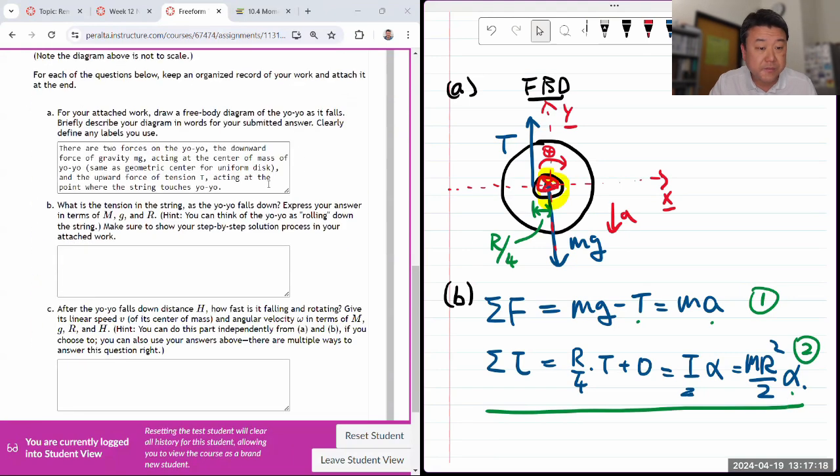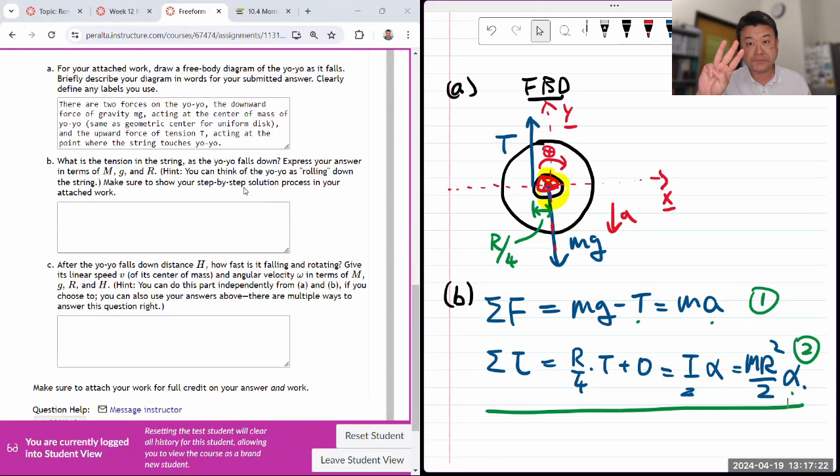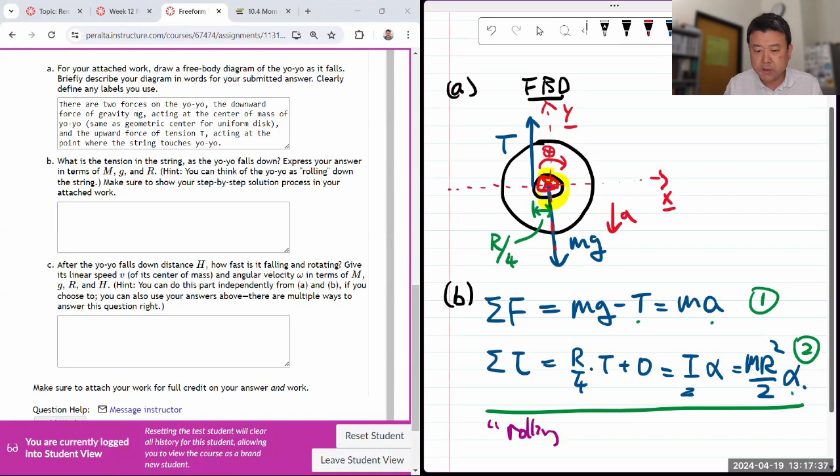Yeah, I guess I'm given the mass. So I have three unknowns, two equations, which means I'm missing some piece of information that I need to actually be able to solve it. And as you think about it, I hope you eventually come across something called rolling without slipping.